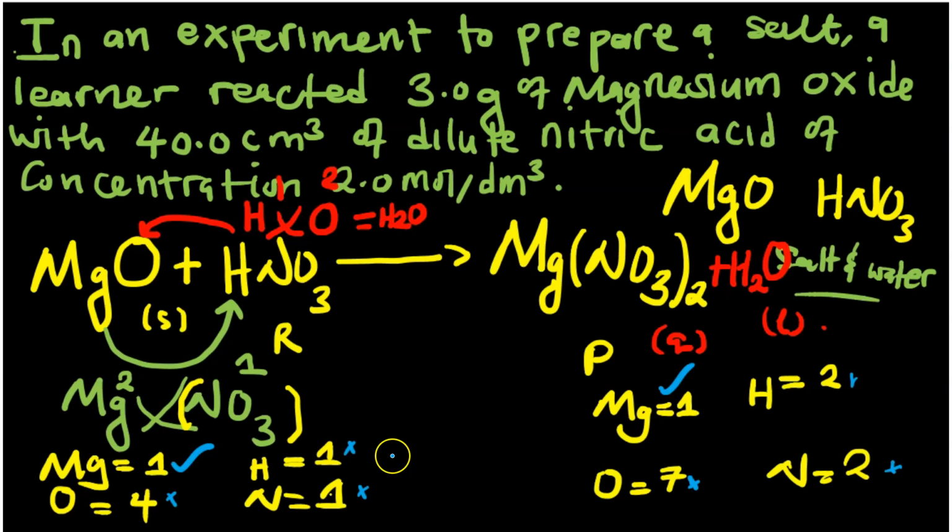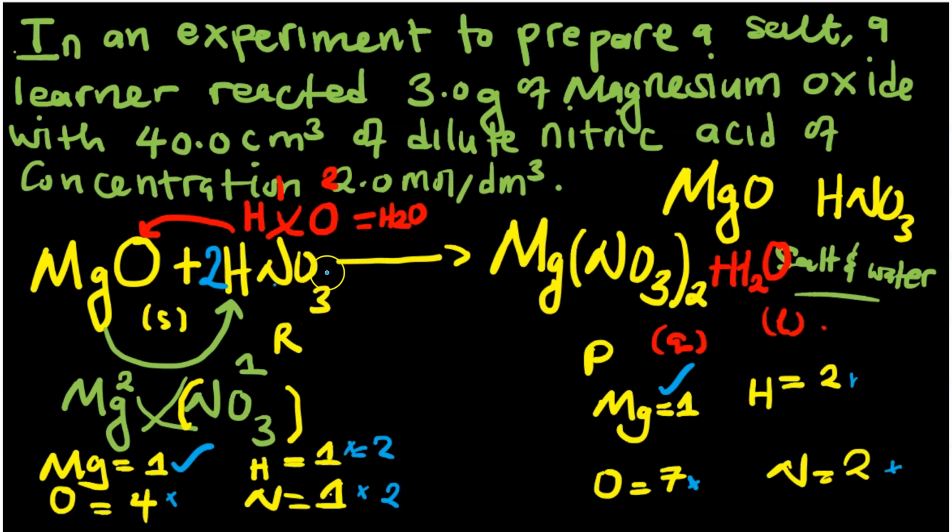So we need to find a number that we can put in front. The number that you use to balance, we normally put in front of the compound or substance, and of course it multiplies all the atoms. So if you put a number in front, it changes everything in the compound. So we are going to choose a 2 and put it there. Automatically this 2 multiplies hydrogen, so hydrogen this side we have 2. Then it also multiplies nitrogen, nitrogen this side we have 2.